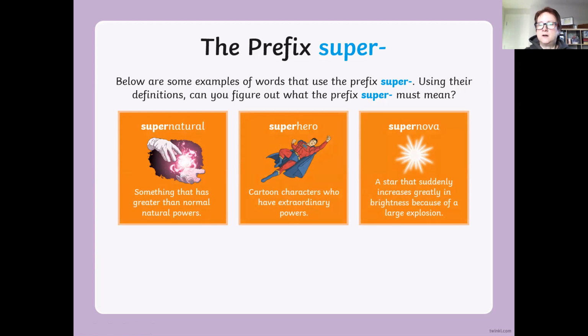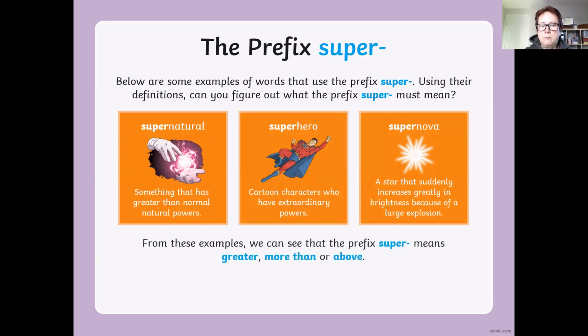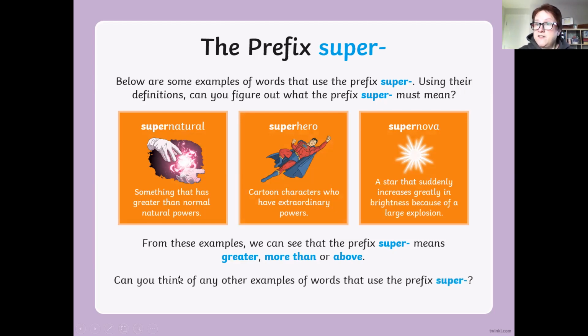And supernova, a star that suddenly increases greatly in brightness because of a large explosion. So I think we get the idea that super means greater, more than, above. Can you think of any other words with super in?